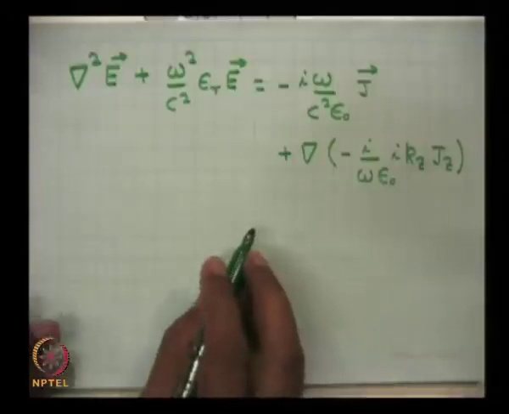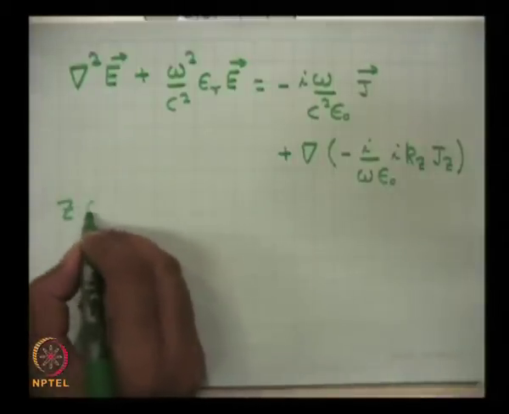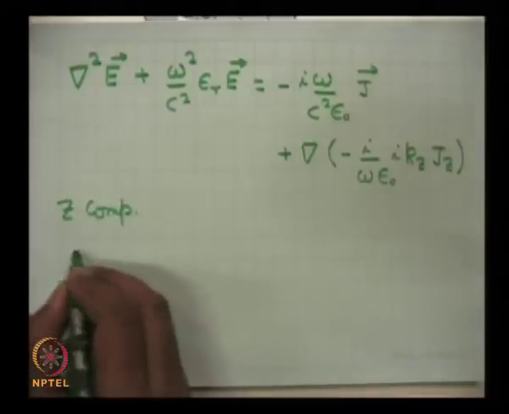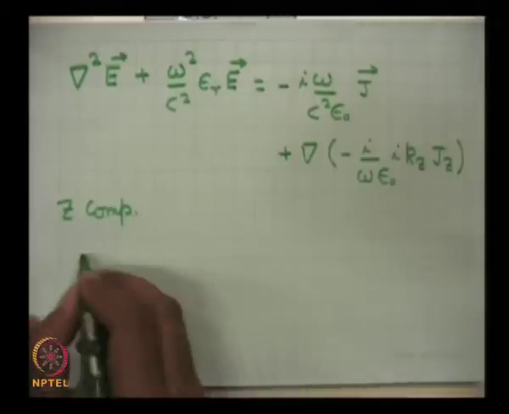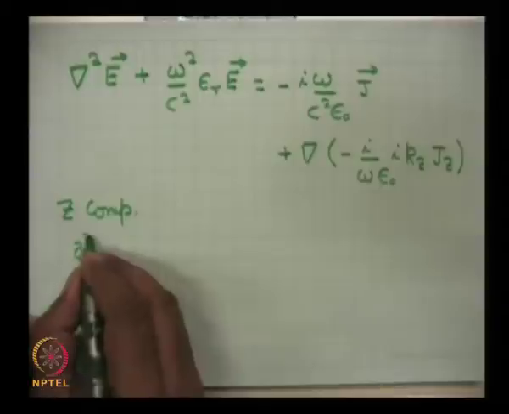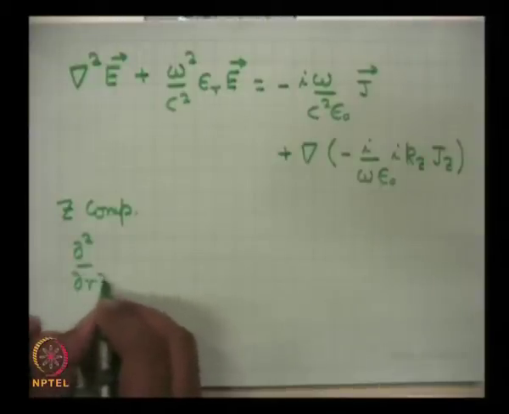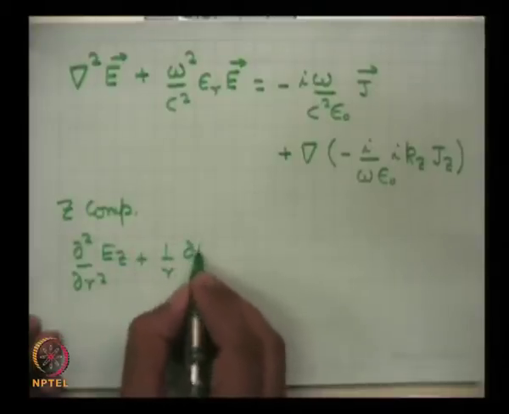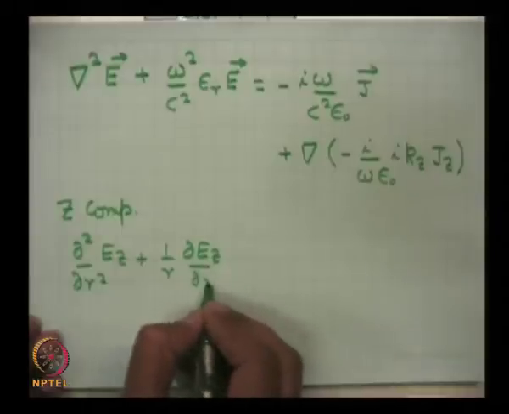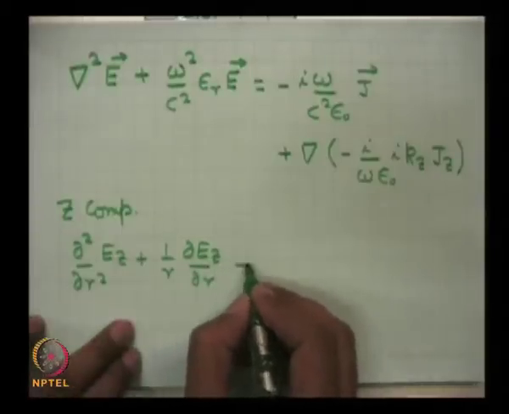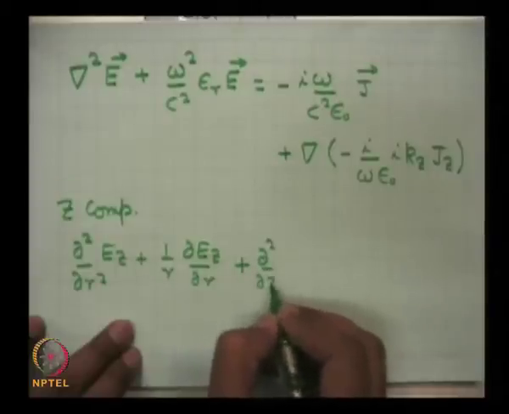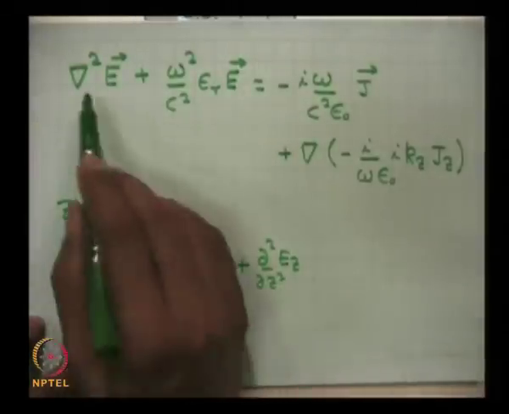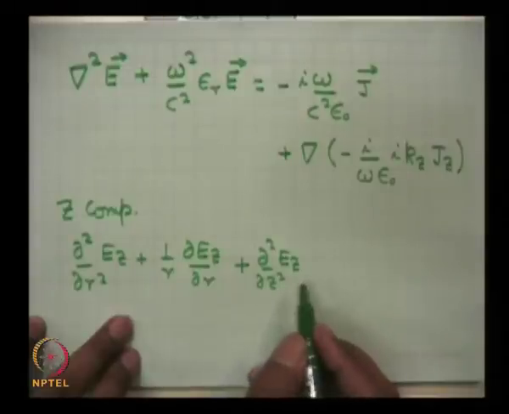My goal is to write the equation for Ez. So I will write the z component of this equation. Del square I will expand: d2 dr square of Ez plus 1 upon r delta Ez by delta r plus d2 dz square of Ez. I presume that there is no phi dependence, no azimuthal dependence of Ez.